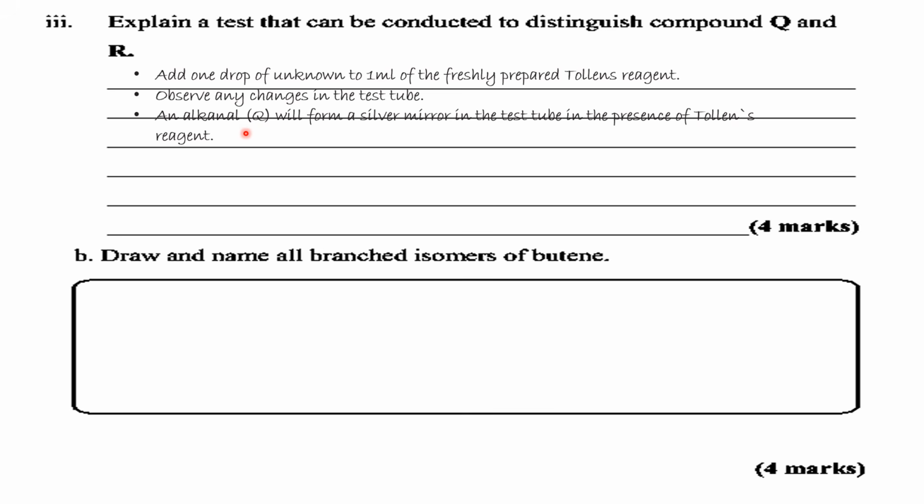But an alkanone, which is R, will give a negative result, meaning that a silver mirror will not be seen in the test tube. So no silver mirror will be formed, indicating that R is an alkanone. By saying each of these points correctly, you have 4 marks.